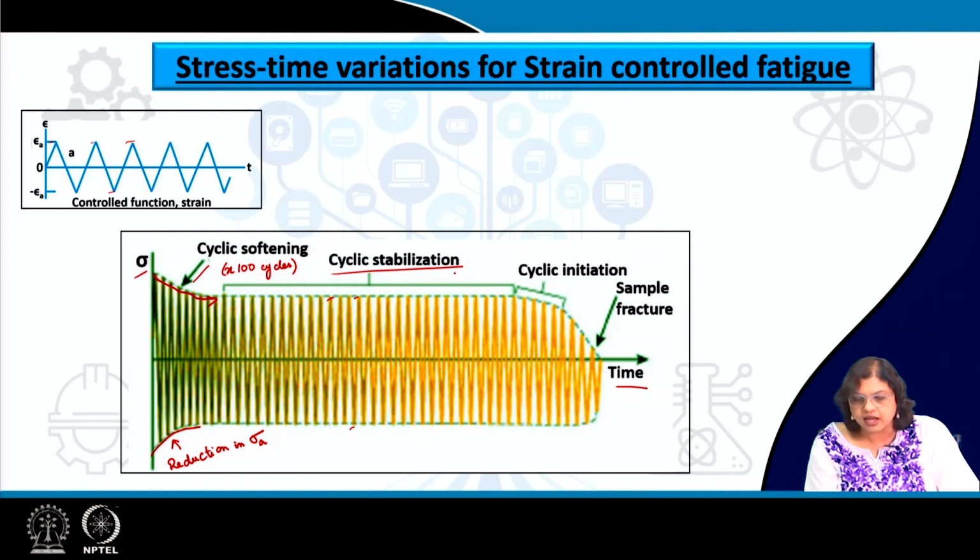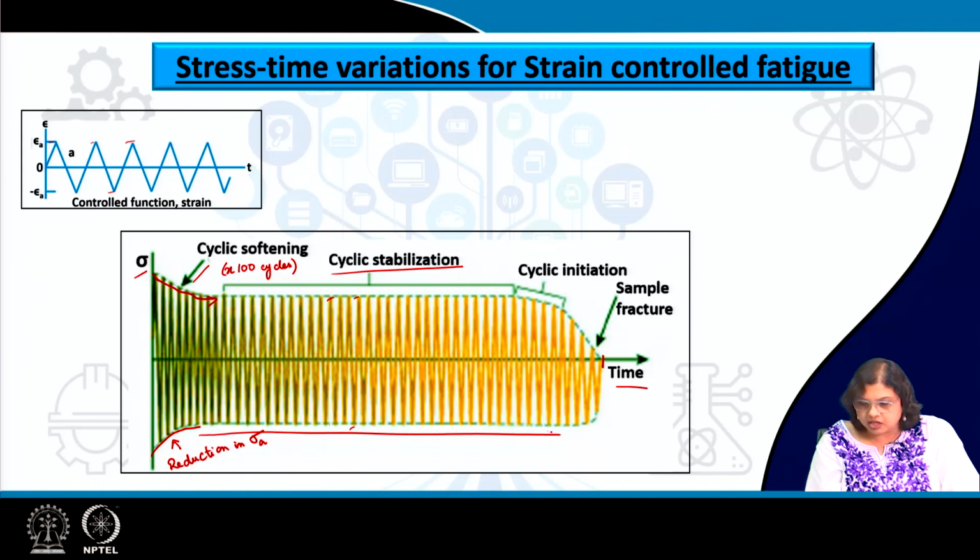This is called cyclic stabilization, and this is what is important for life cycle estimation, because you will see that up to the point at which failure occurs, a major fraction is covered by the stabilized cycle part.